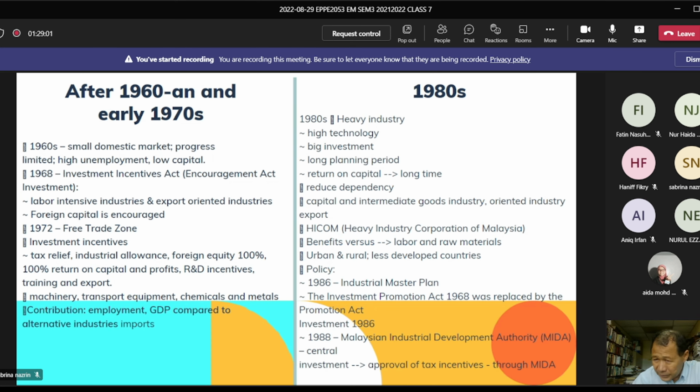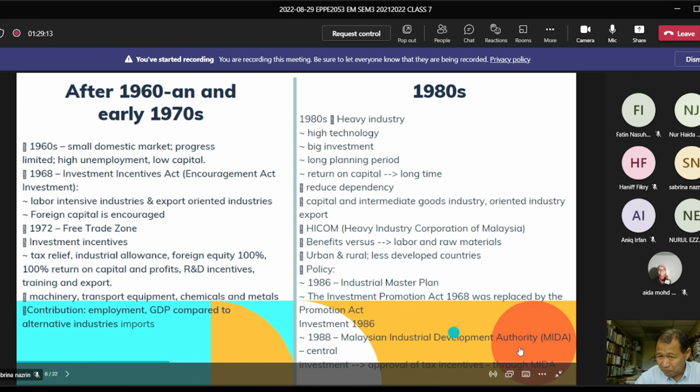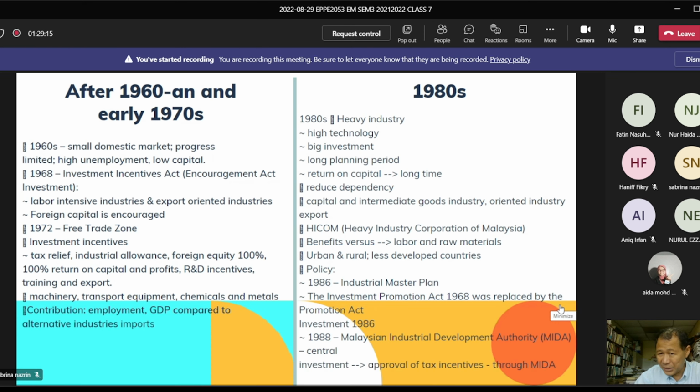But this, I'm not sure when you listed this 1972 foreign equity, that came much, much later, not 1972.